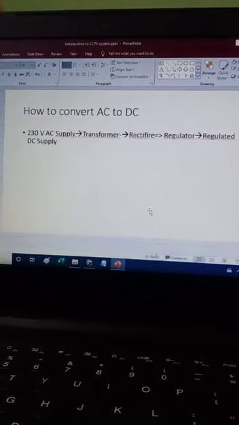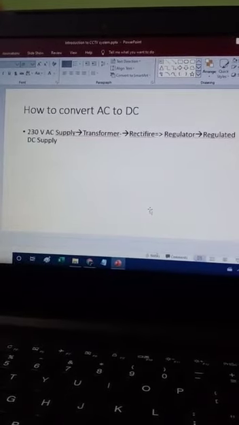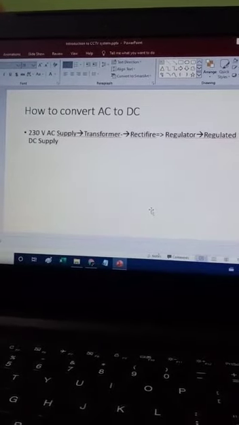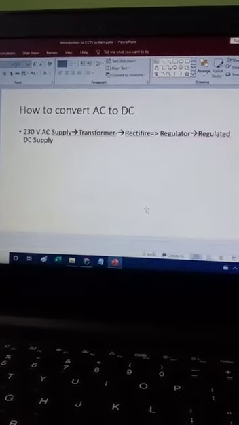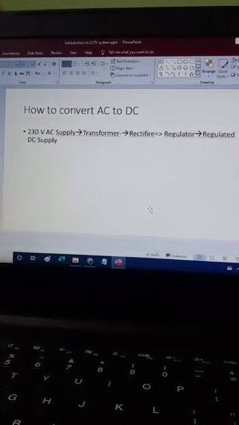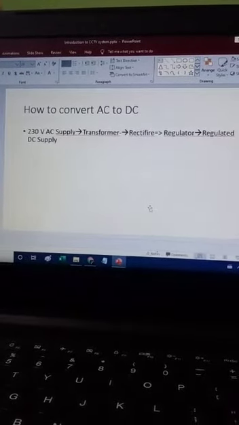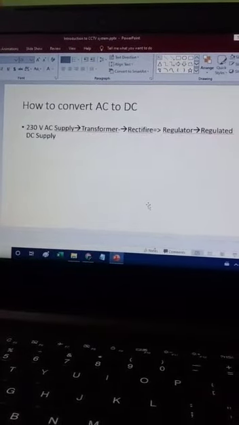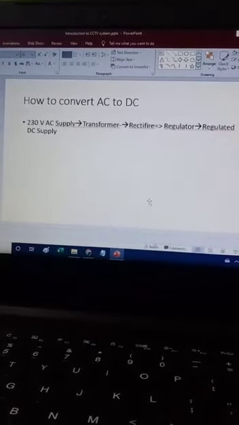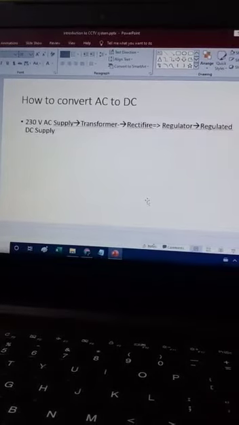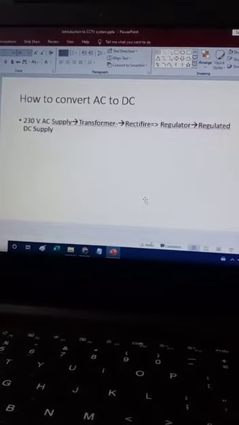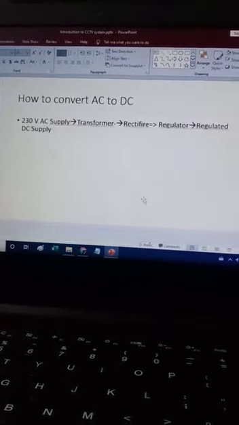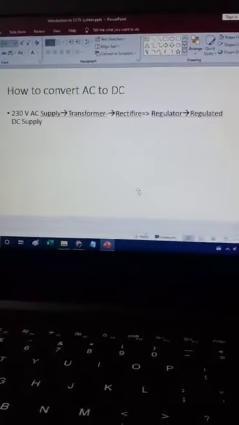So in domestic use we have a 230 volt AC power supply, whose phase is single phase and frequency is 50 Hz. If we want to convert that 230 volt AC power supply into a DC power supply, we have to give the 230 volt AC supply to the transformer.